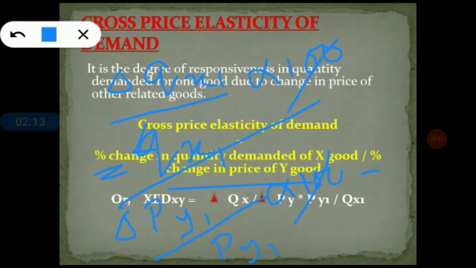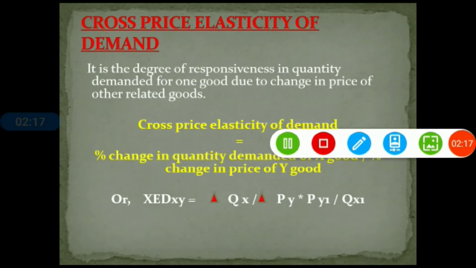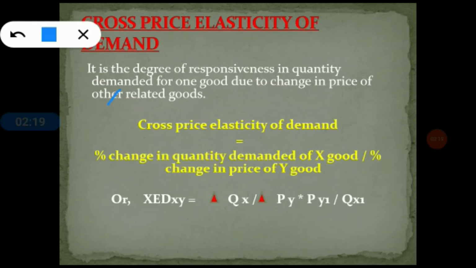So 100 cancels out, so the rest is delta QX divided by QX1, into PY1 divided by delta PY.